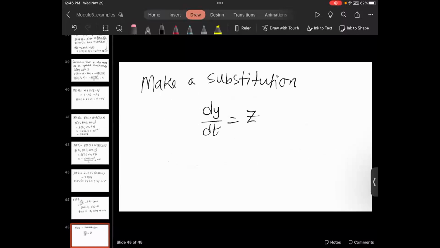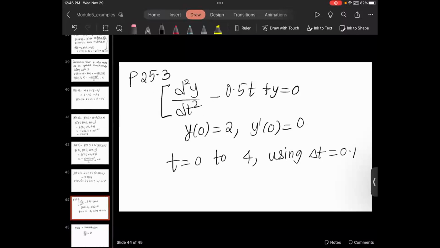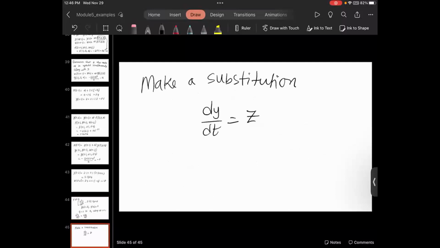So if you make that substitution, immediately the given equation becomes d squared y over dt squared, which is nothing but dz over dt. So you can write this equation as dz over dt equal to 0.5 t minus y.